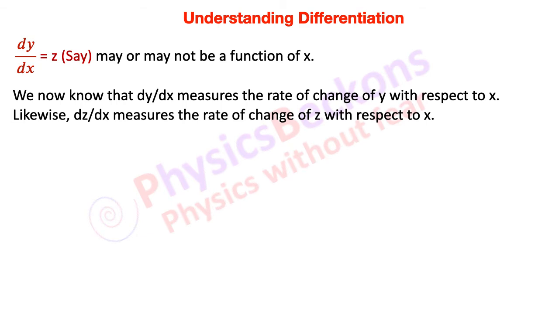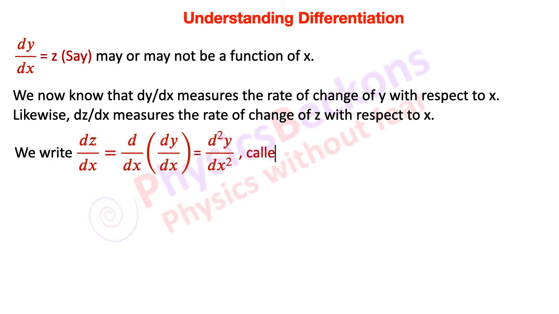Likewise, dz by dx will measure the rate of change of z with respect to x. We write dz by dx, or differential of z with respect to x, as d/dx of dy by dx. This is d square y by dx square, called the second derivative of y with respect to x.